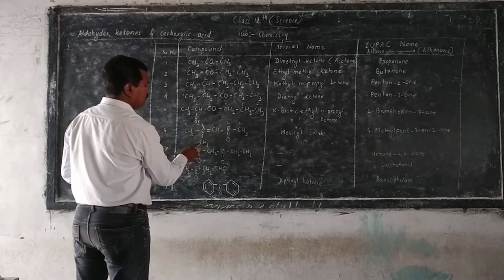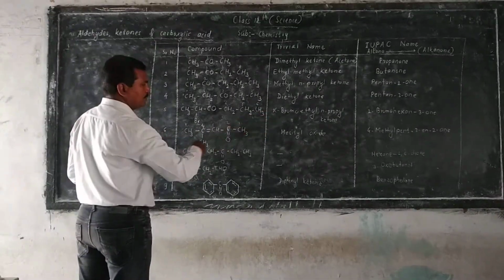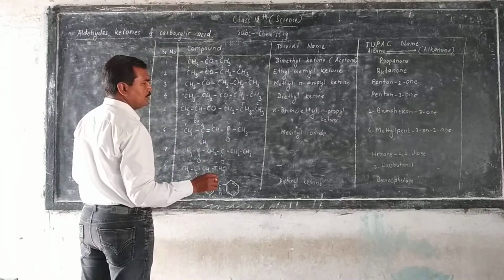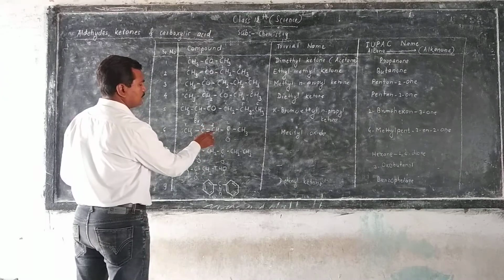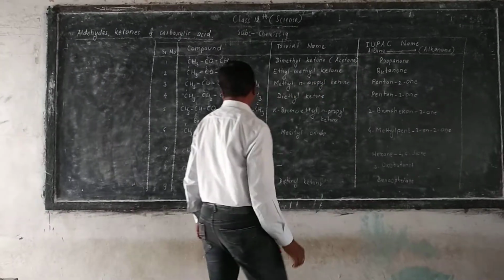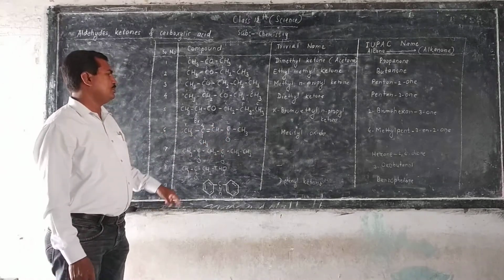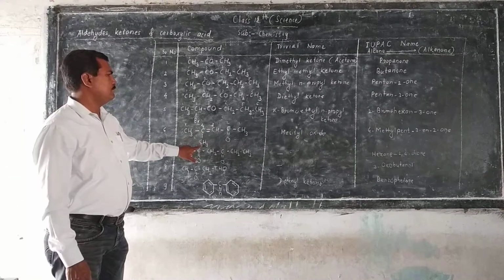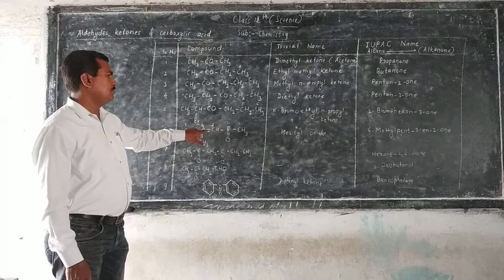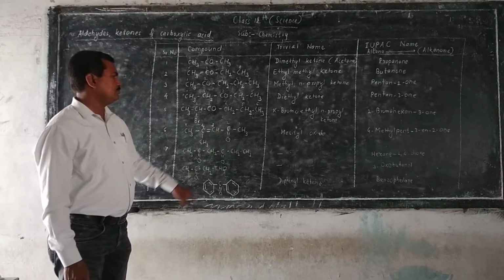So 4-methyl, total carbon 5, so the parent alkane is pentane. Here a double bond is present, so it will be pentene. The double bond is after the third carbon, so pent-3-ene, and the carbonyl carbon is at the second carbon. So 4-methylpent-3-en-2-one.